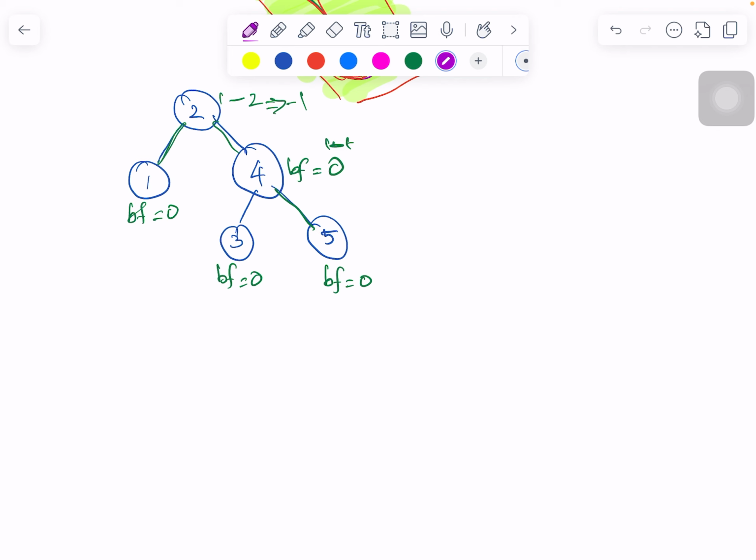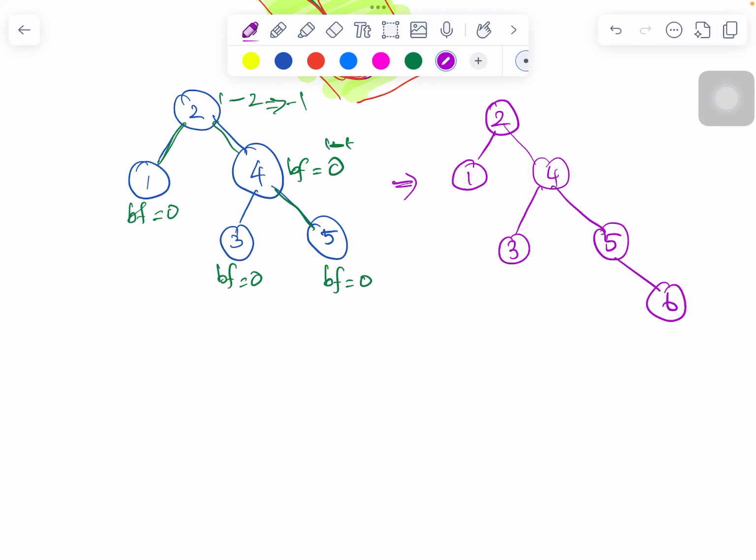Now let us insert the node 6. When we insert the node 6, let us draw it. Node 2, 1, 4, 3, 5, and node 6 is inserted towards the right of node 5. Now let us find out the balancing factor. For node 6 it is 0. For node 5, left height is 0 minus right height is 1, so it is minus 1.